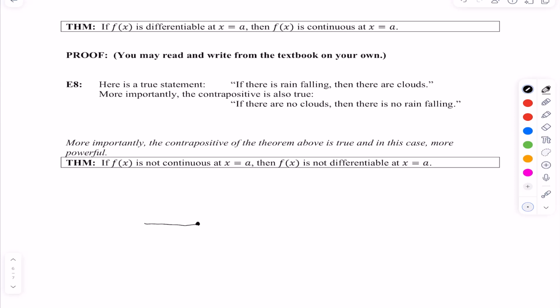So if you had a step function of some sort, or you have a jump discontinuity, you will know that that function is certainly not differentiable. Let's say that's 3. Let's say this is the up value of 4. This has an up value of 8. We can see that this function here is not differentiable at 3 because it's not continuous at x equals 3.